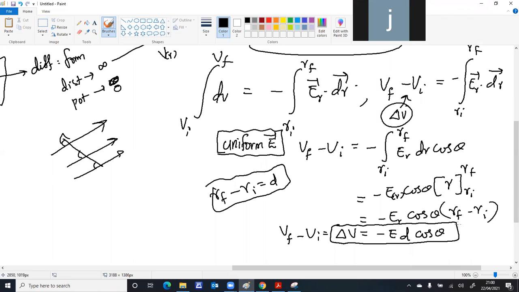You directly can write E, it's not a problem. Uniform field means you don't want to write ER, right? Everywhere E will be the same, right? Yes, sir.